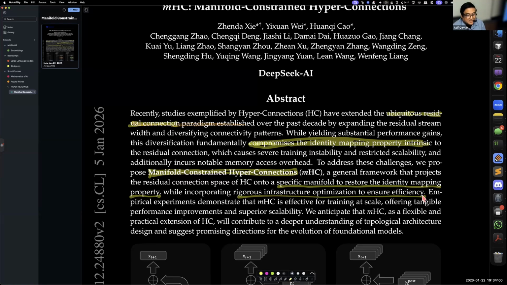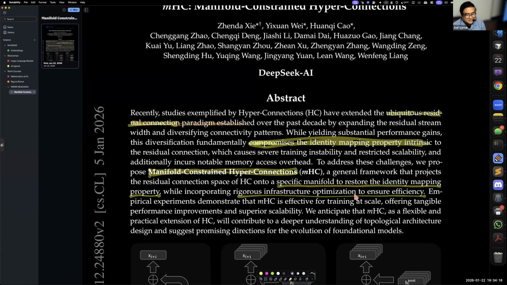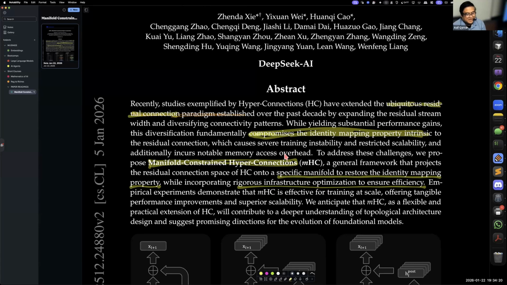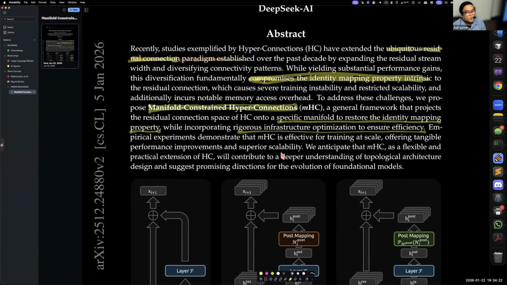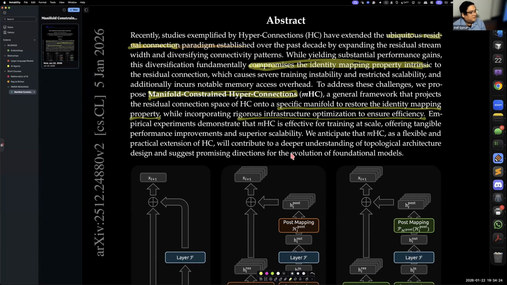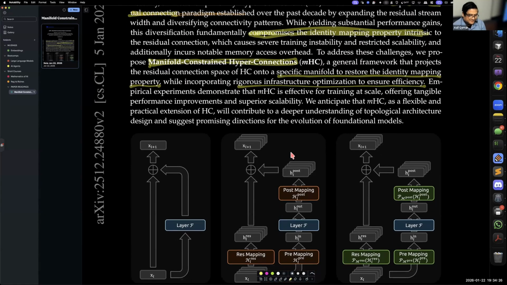It will contribute to a deeper understanding of the topological architecture design. What should be the macro design of neural architectures itself, and how we can focus on that to create the evolution of foundation models. That is their thing. And like all great papers, not only do they make a breakthrough of significance, they open the door to a lot more breakthroughs. That's what this paper is about.